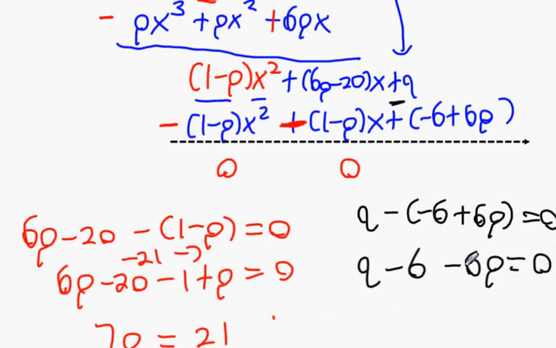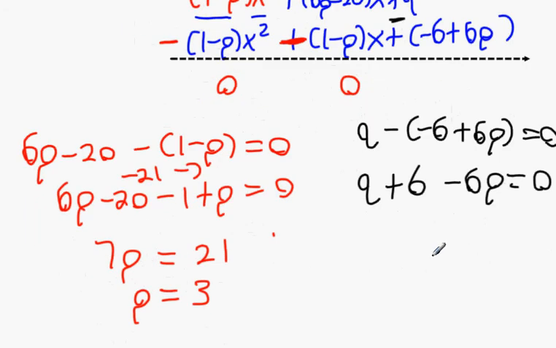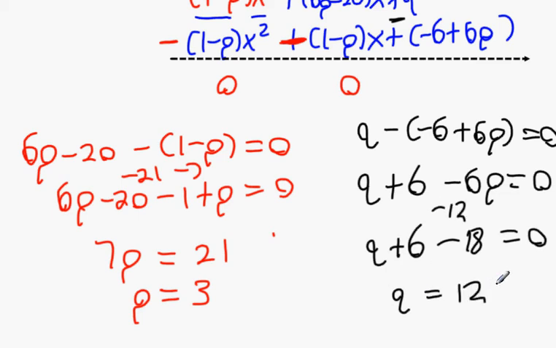Plus 6p minus 6p equals 0. Now what we're going to do is we're going to change p into 3. So we're going to get Q plus 6 minus 6 times 3 is minus 18 equals 0. Q, that's going to be minus 12, therefore Q equals plus 12.